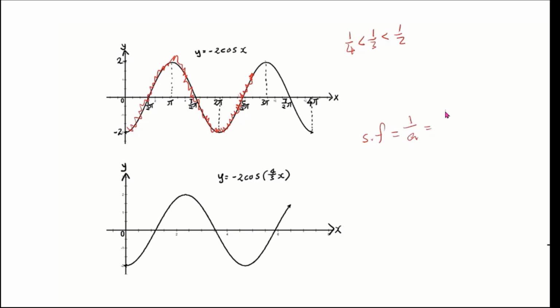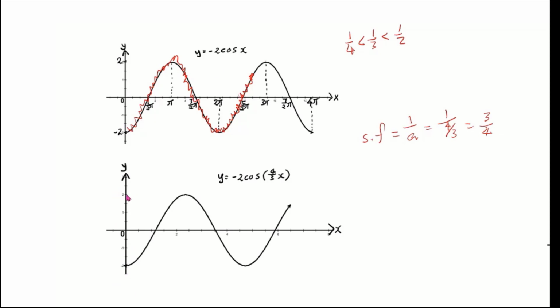In this case, a is 4 over 3. After simplifying, the scale factor is 3 over 4. So we need to carry out enlargement with the scale factor 3 over 4 by using the y-axis as the center of the enlargement.